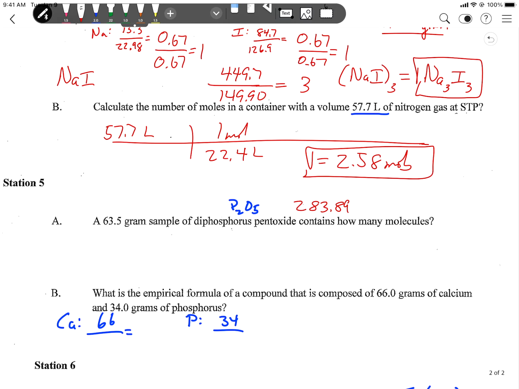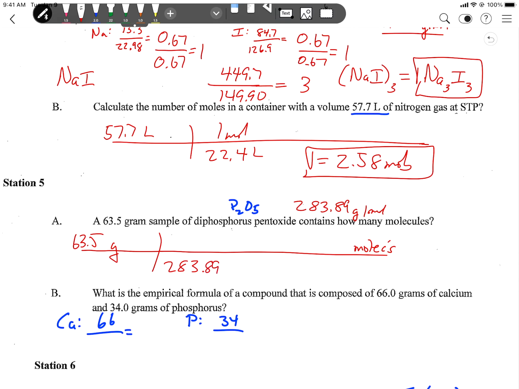Station 5, a 63.5 gram sample of diphosphorus pentoxide contains how many molecules? So we're trying to find the molecules here. And the molar mass is 283.89 grams per mole of diphosphorus pentoxide, so that's going to go here based on our flow chart. Then we're going to have to do this one more time. 1 mole goes here, 6.02 times 10 to the 23rd goes there.